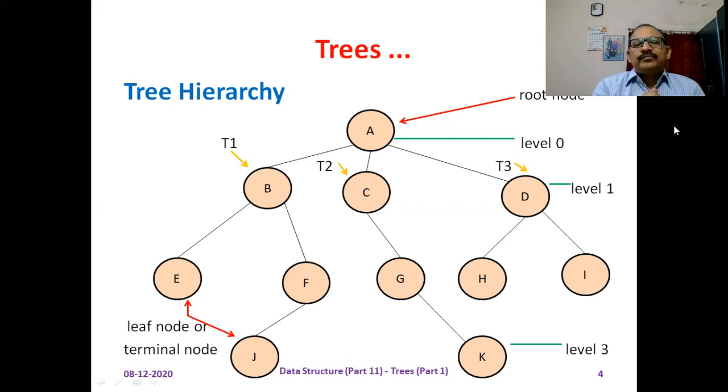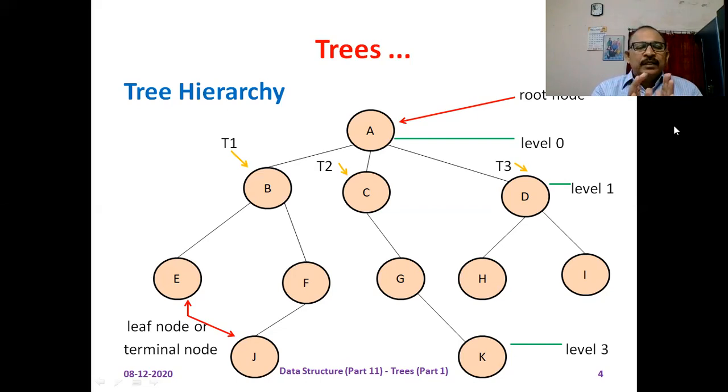Now, the out degree. The out degree of a node is equal to number of outgoing edges from that node. The out degree of a node B is 2, since there are 2 outgoing edges from node B. Out degree of node G is 1, since only 1 is coming out from that node.